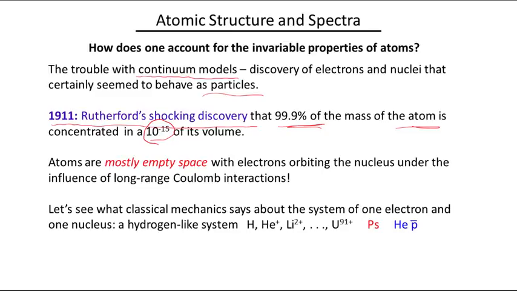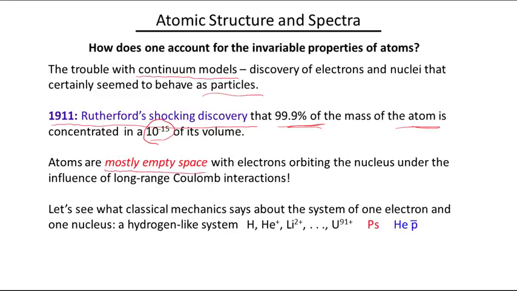So it was as if this thing that had a pretty well-defined size, known from a variety of measurements, some as simple as looking at the thickness of an oil film on the surface of water, taking the volume of an ordinary oil drop and seeing how far it would spread out, gives a pretty good indication of the size of an atom.